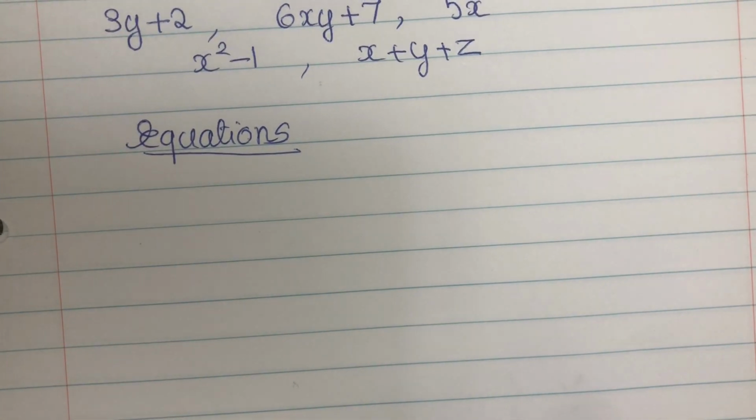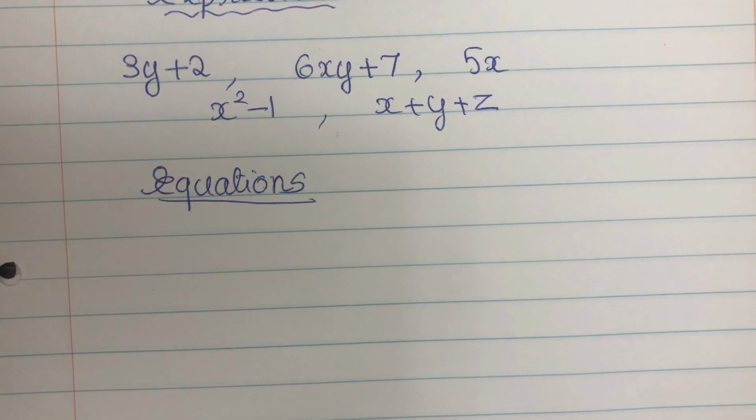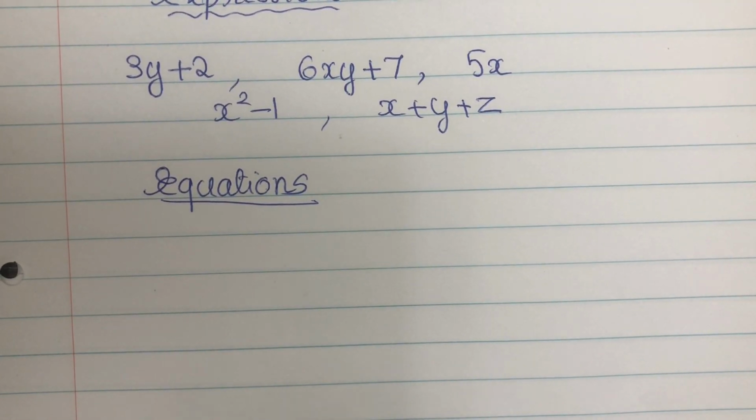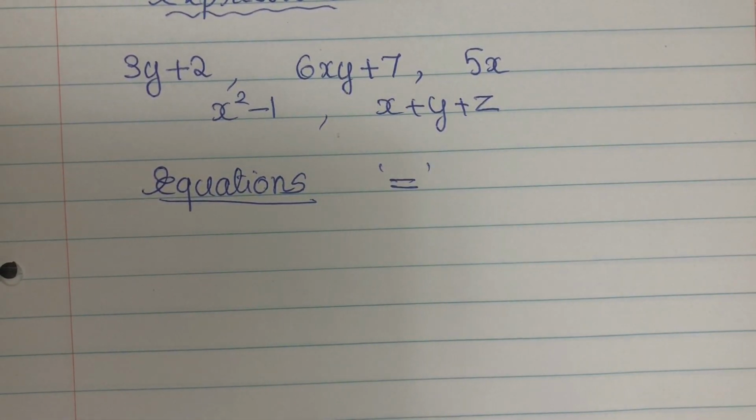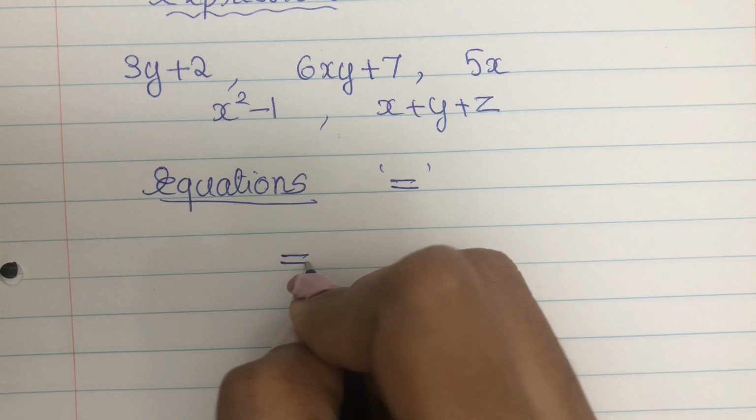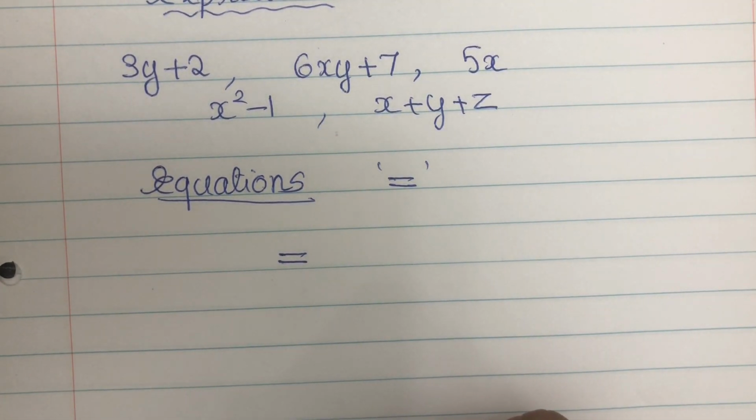So what are equations? Whenever you hear the term equation, we have one thing in our mind, right? The equal sign, right? So whenever you have an expression with the equal sign, then that is an equation.